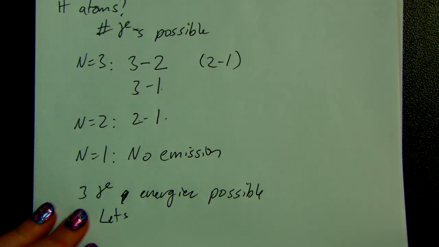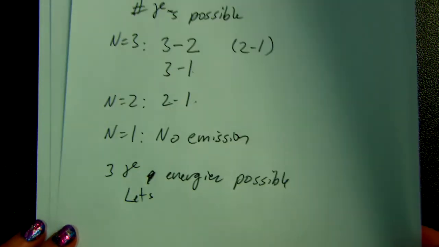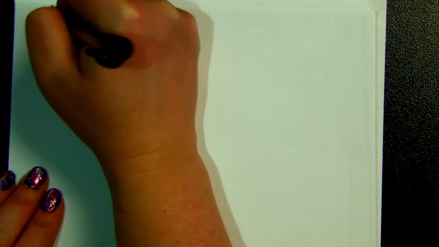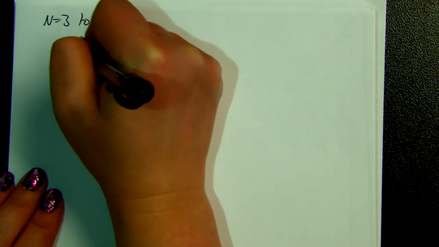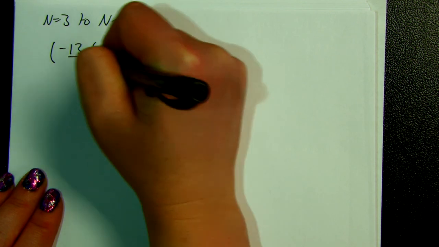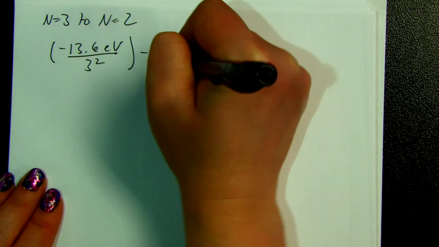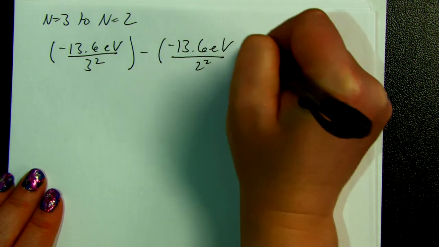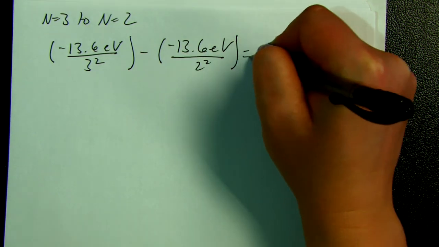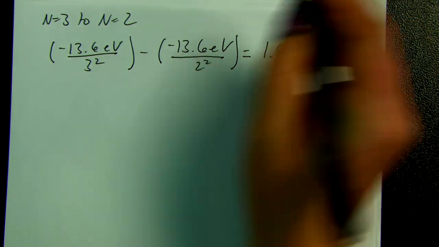I'm going to do that actually on a fresh sheet of paper. So we have n equals 3 to n equals 2. This would be minus 13.6 eV over 3 squared minus minus 13.6 eV over 2 squared, which is equal to 1.9 eV.